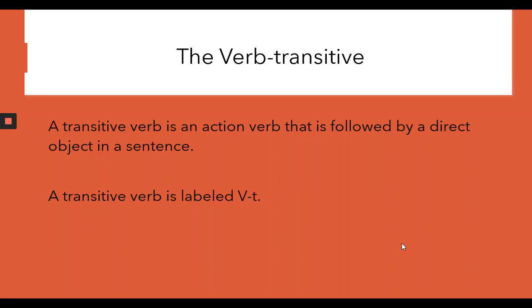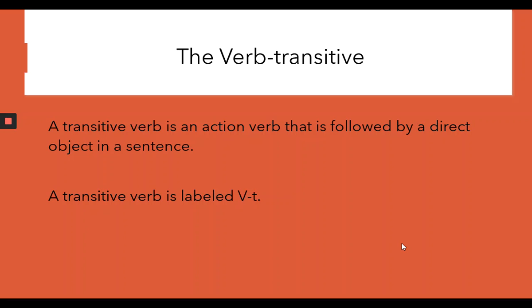The verb transitive. A transitive verb is an action verb that's followed by a direct object in a sentence. So you've got an action verb like chewed. Chewed what? Chewed the bone. So then you know that chewed is going to be a transitive verb. We label transitive verbs with a lowercase t after our capital V that marks it as a verb.